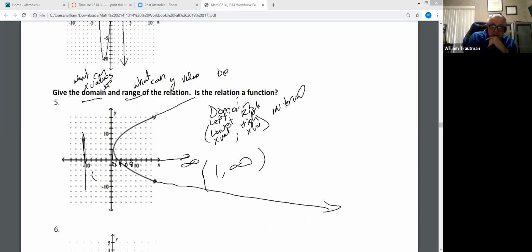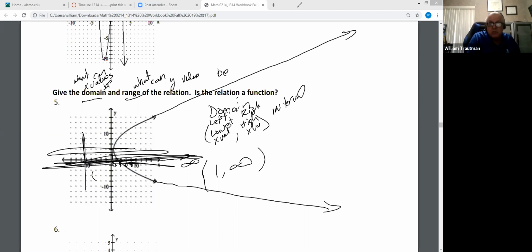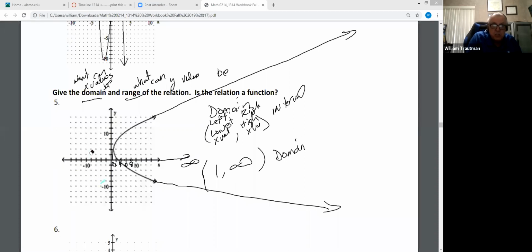Since these things have arrows, they go on forever, so they go on to infinity on the x axis. So this is our domain. The smallest x value is 1. The largest x value is infinity.